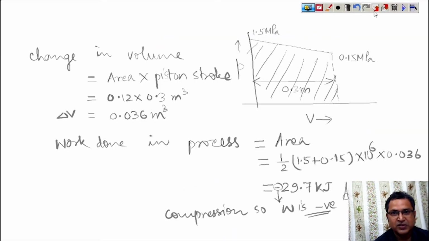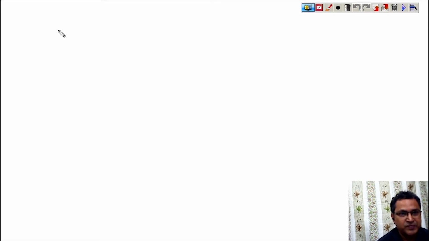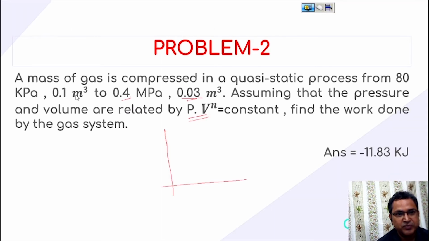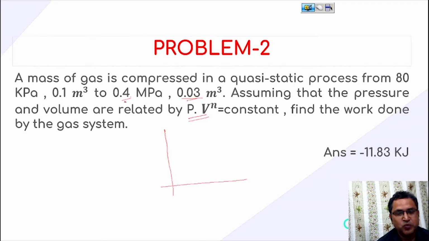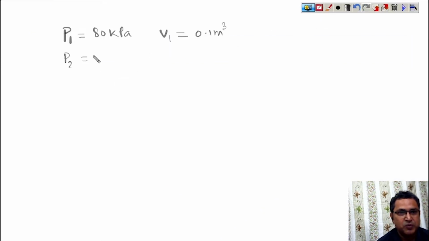So P1 is 80 kilopascal and volume is 0.1 meter cube, and then finally the pressure is 0.4 megapascal and volume is 0.03 meter cube.